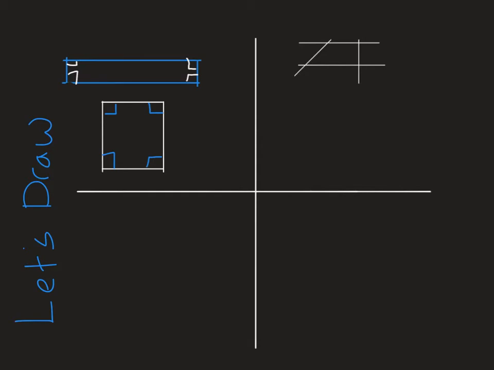Other trapezoids, I should say, have one set of parallel lines. And then they have two lines that are not parallel.